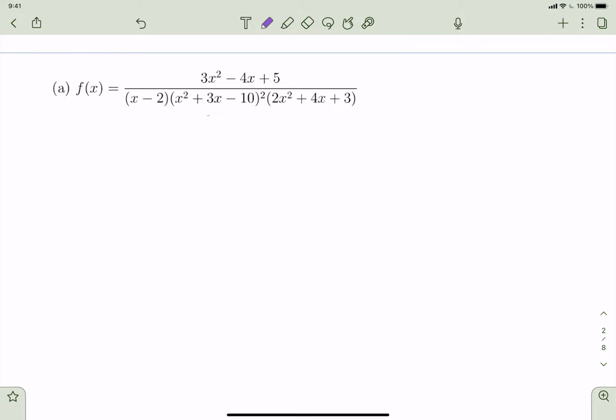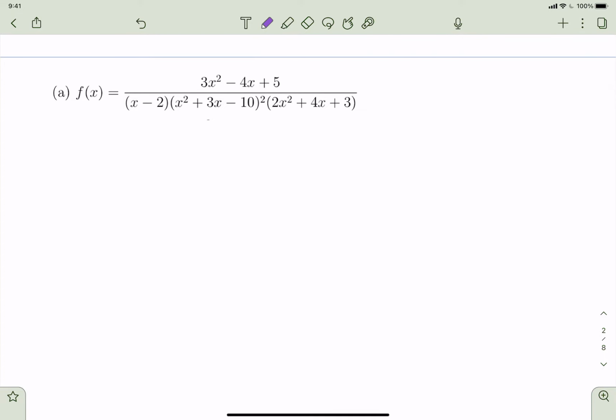And the second thing is to make sure that the factors inside your denominator are irreducible. Otherwise, we would need to do some rearrangement before we approach the partial fraction decomposition. So now let's check them out.